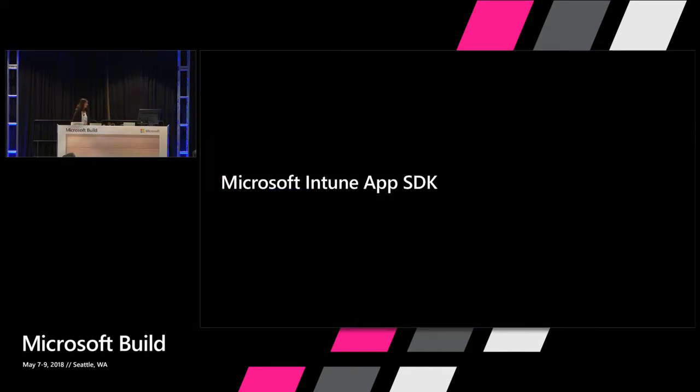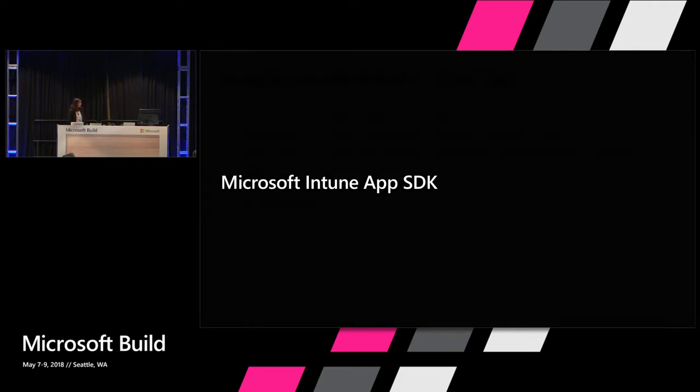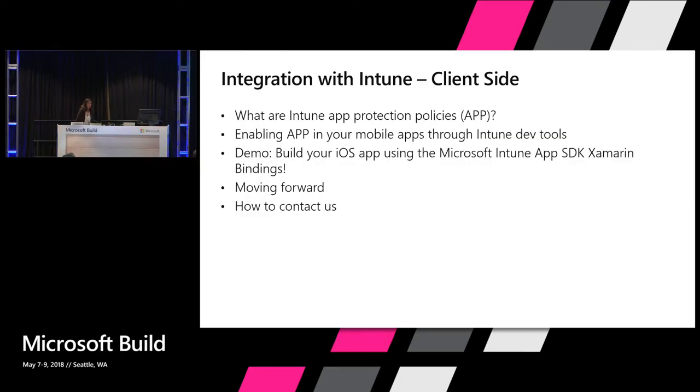So I'm going to get into Microsoft Intune App SDK. So what are app protection policies? Basically, we're going to talk about what kind of features get enabled once you have done the work to integrate the SDK. Alongside how you can do this, there are a couple of tools that we have offered.